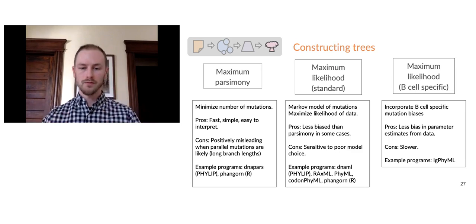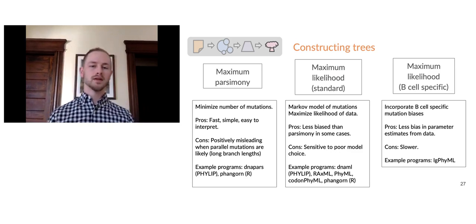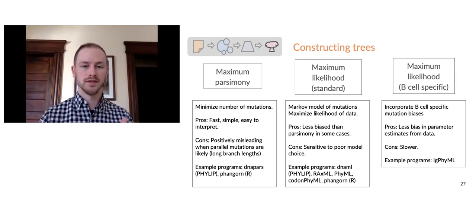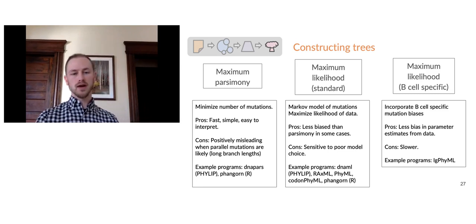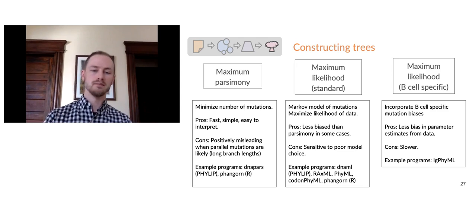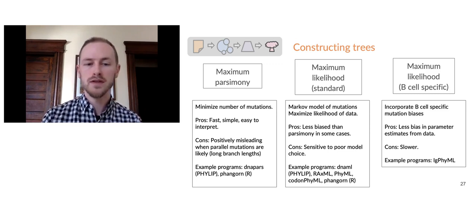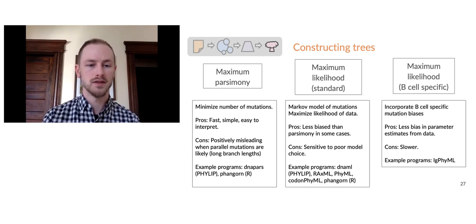So we're finally ready to start building trees, right? Sort of. Turns out there are many different ways of building phylogenetic trees from B-cell sequences. The oldest and still quite commonly used is maximum parsimony. This works by finding the tree that minimizes the number of mutations present within the B-cell lineage. The benefits of this are that it is fast, simple, and easy to interpret.